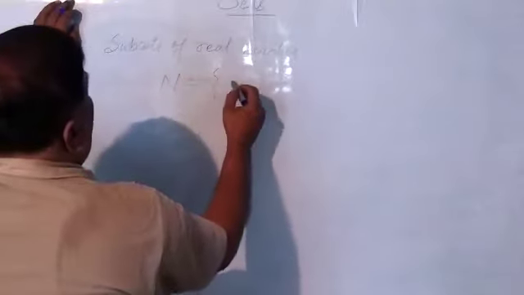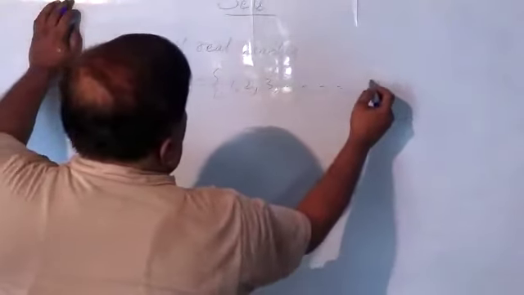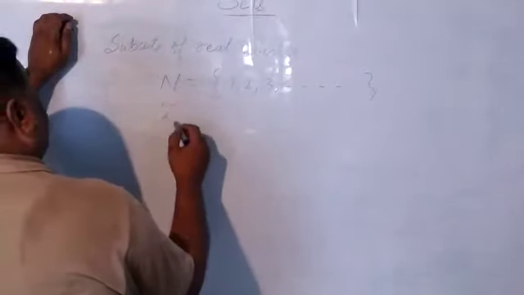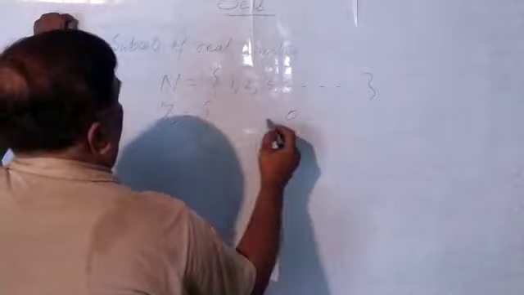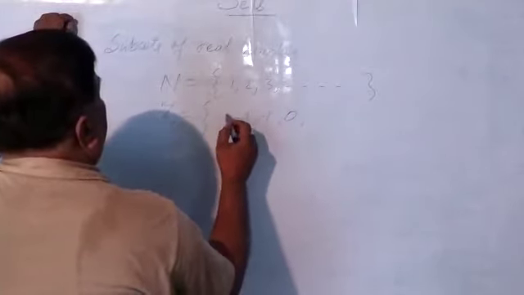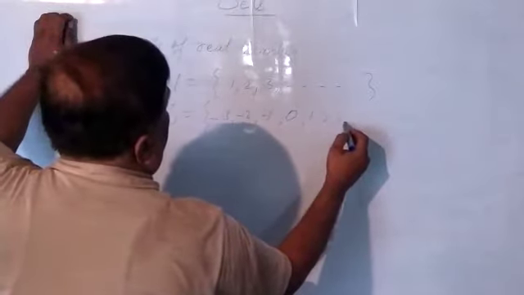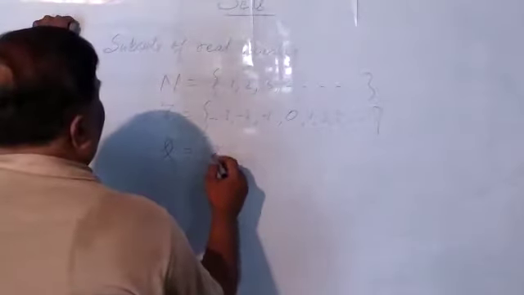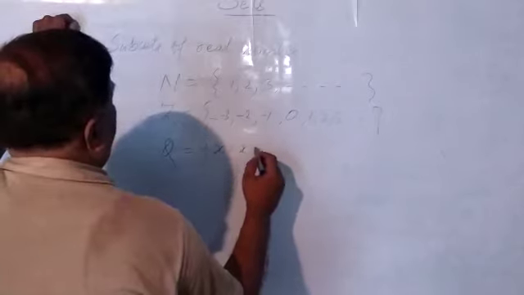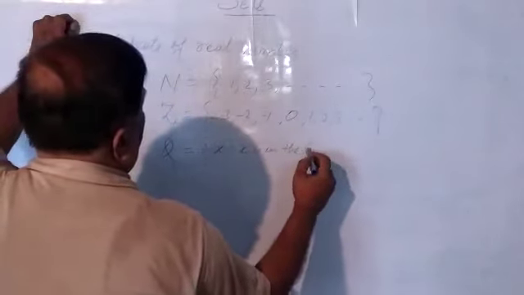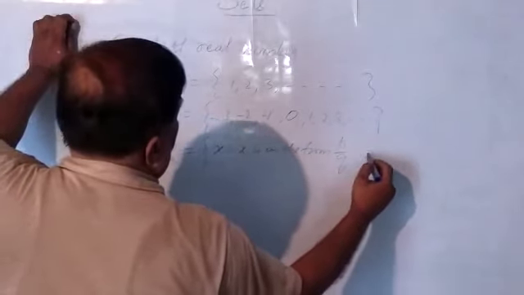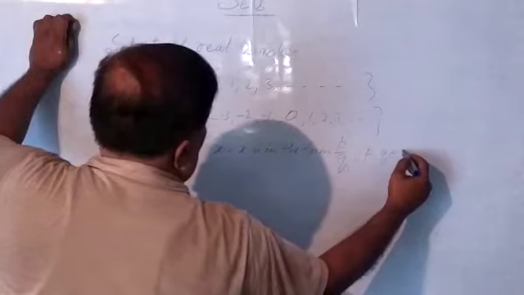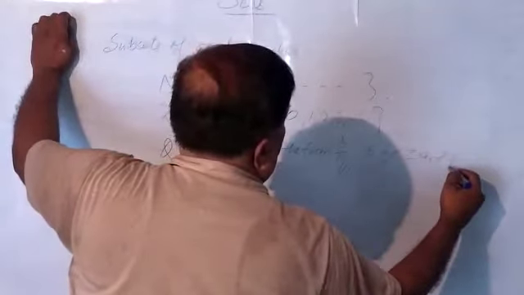As we know, capital N is the set of all natural numbers, capital Z is the set of all integers, capital Q is the set of all rationals, where p belongs to Z and q does not equal 0.